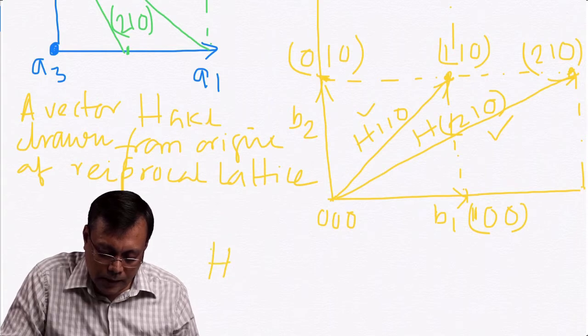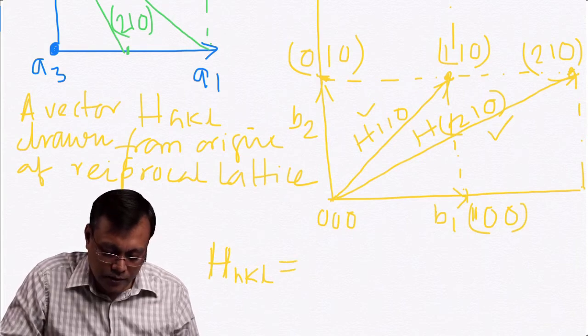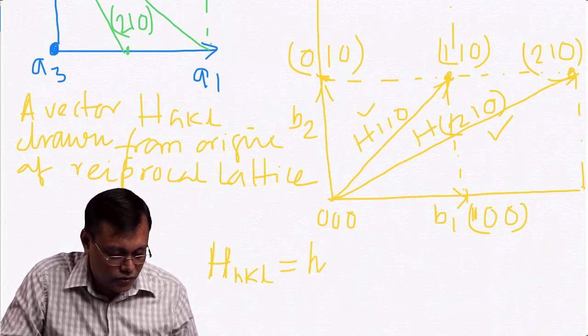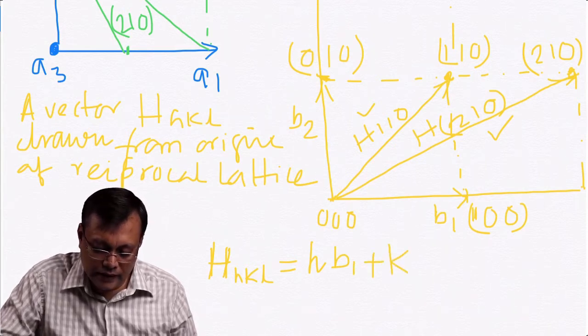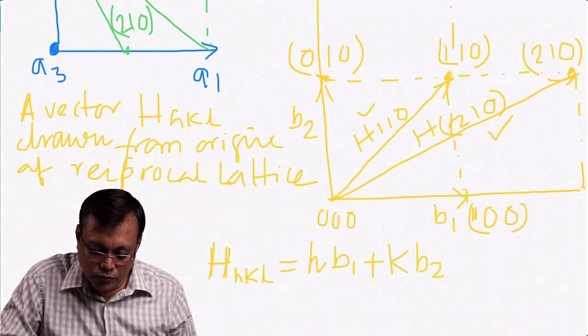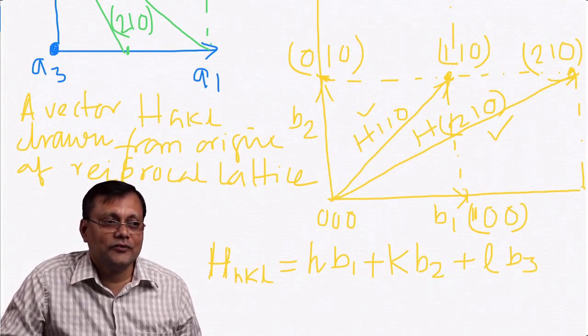So this is capital H, small hkl. That can be represented with small h into the B1 vector. B1 is in the reciprocal space. Plus k into B2 plus l into B3. The very same way as we represent in real space.